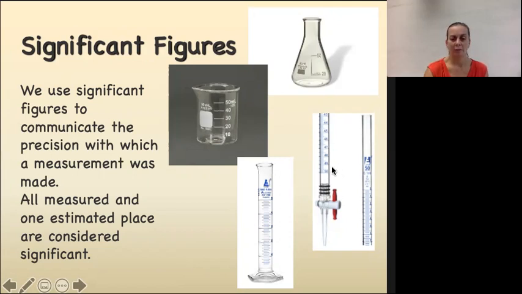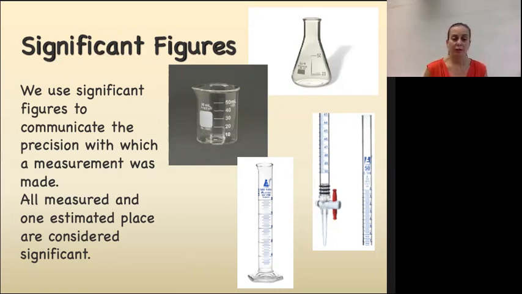And finally, we have a burette that is graduated in tenths. So we're going to be able to estimate to the hundredths place. So we have 4 different devices. We would have varying degrees of precision, and therefore we would have a different number of significant figures in each number, even if we were using the same amount of water in all 4 of these devices.